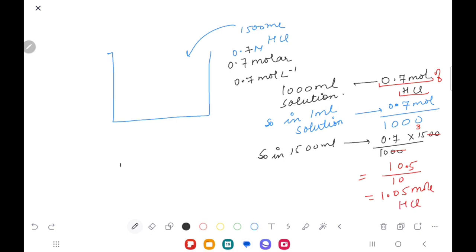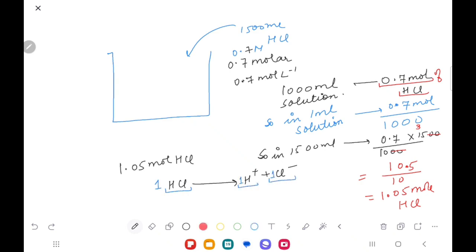So, if I have 1.05 moles of HCl, just tell me, when HCl breaks down, don't you think it is going to give me H plus ions and Cl negative ions? So 1 mole of HCl will give me 1 mole of H plus and 1 mole of Cl negative.